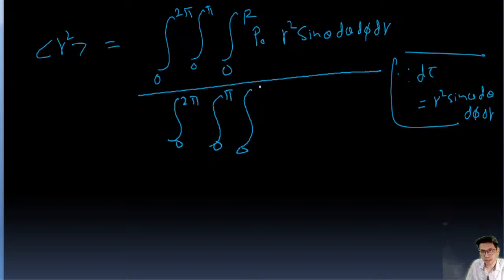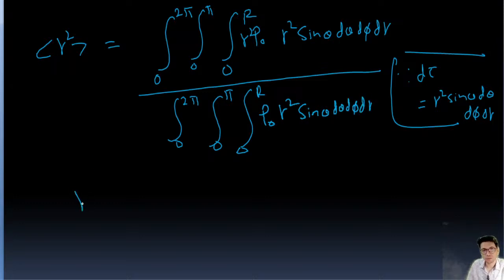I have explained that in mathematical physics. Rho naught is constant, this will come outside and get cancelled. Okay, so r square sine theta d theta d phi and dr.